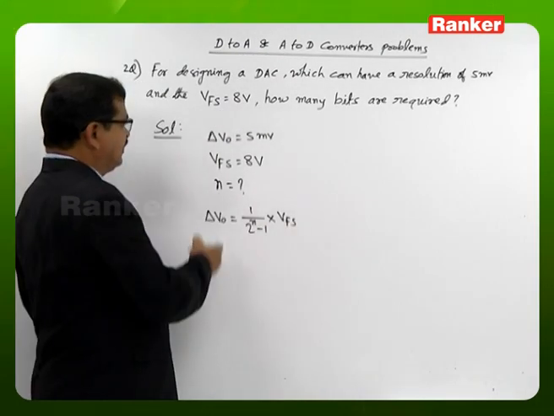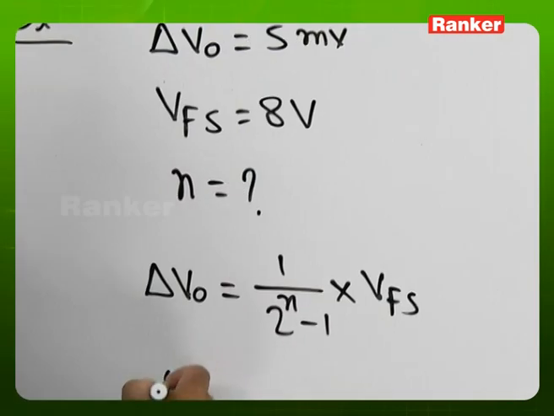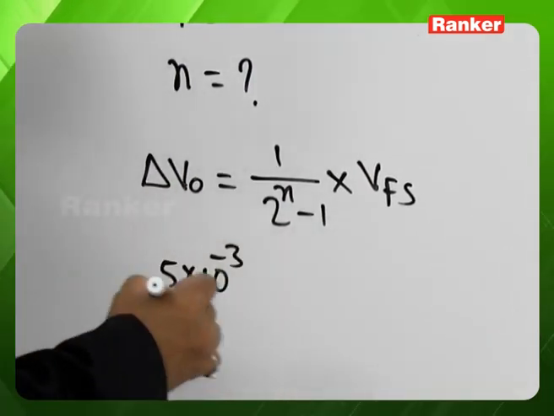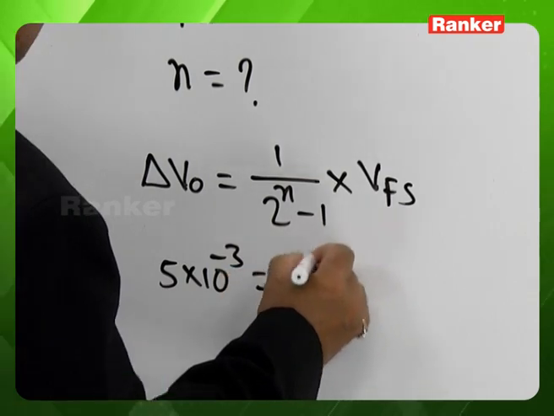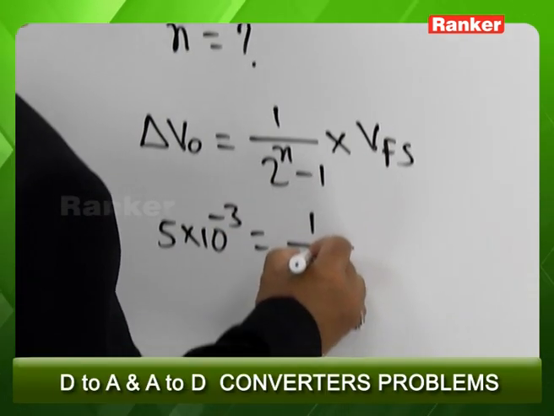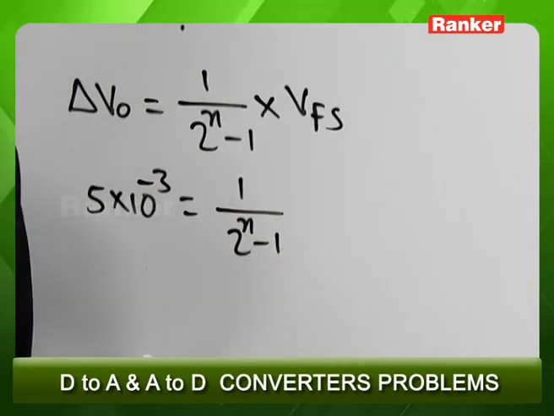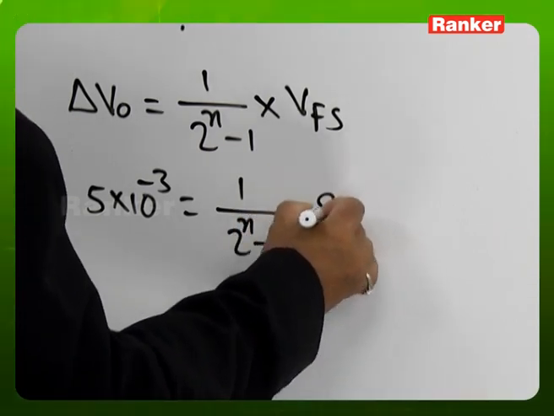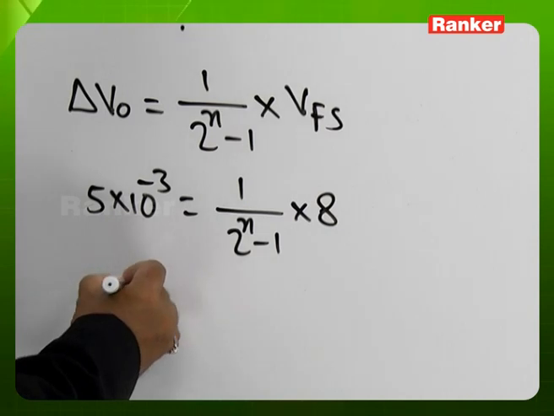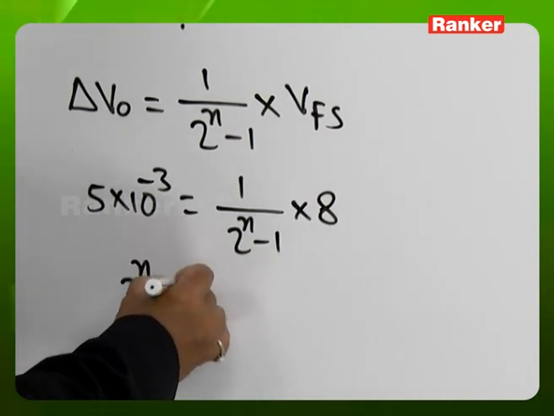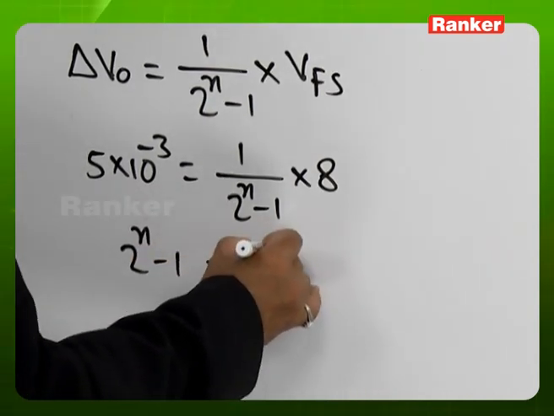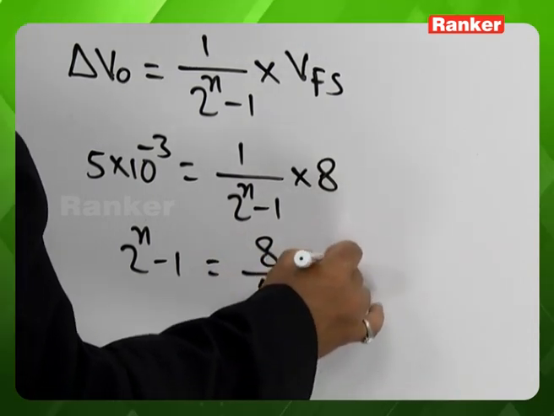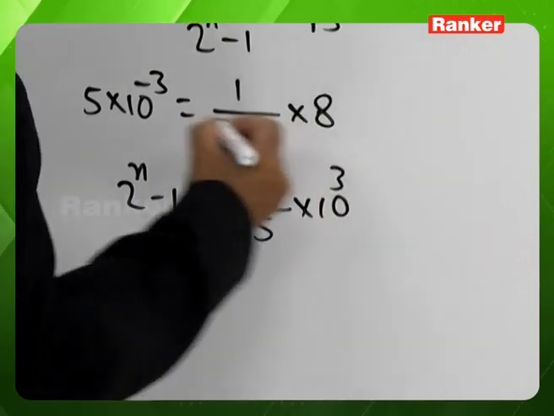It is mentioned delta V0 is 5 millivolts, so 5 into 10 to the power of minus 3 equals 1 upon 2 to the power of n minus 1. Full scale output voltage is 8 volts. So 2 to the power of n minus 1 is 8 by 5 into 10 to the power of 3.